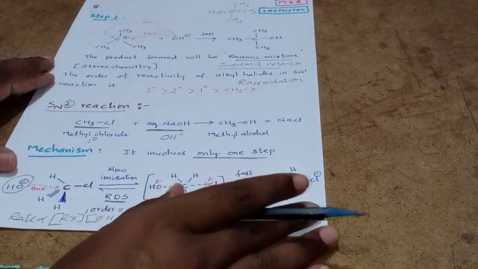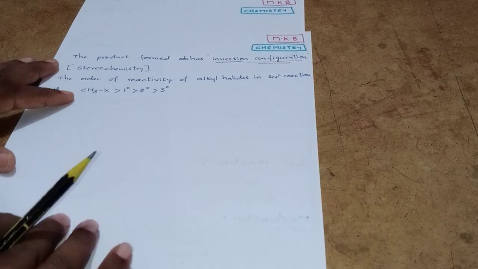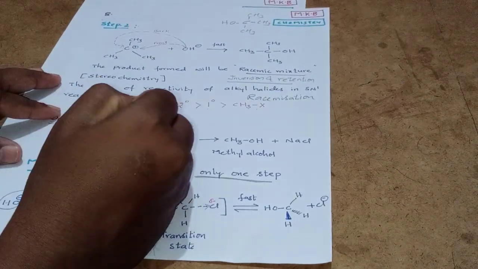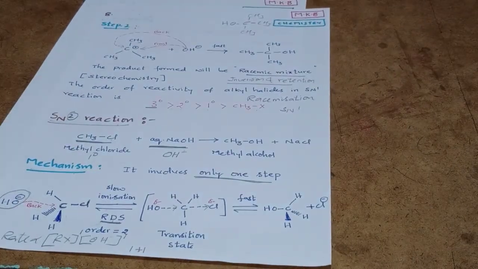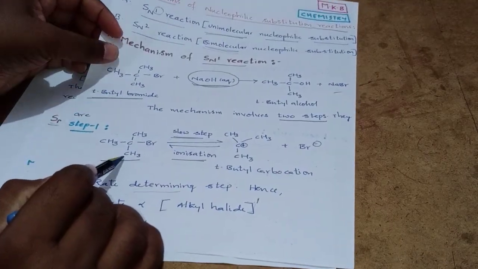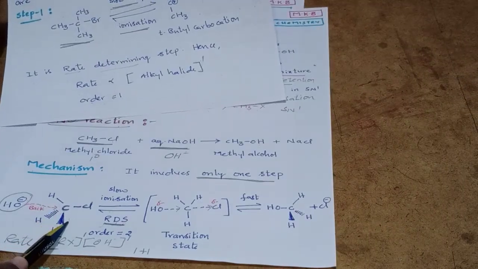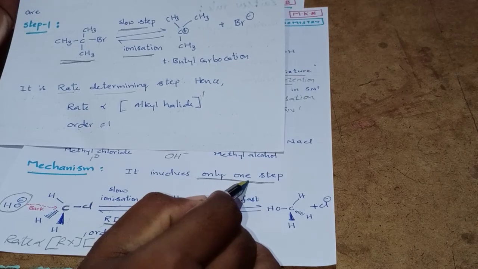And the reactivity of alkyl halide is exactly opposite to the SN1. Methyl halide, primary, secondary, tertiary. Now, why does primary alkyl halide react fast in case of SN2, whereas tertiary in case of SN1? Because if I want to make this tertiary butyl halide undergo SN2 reaction, according to SN2 reaction, it involves only one step.